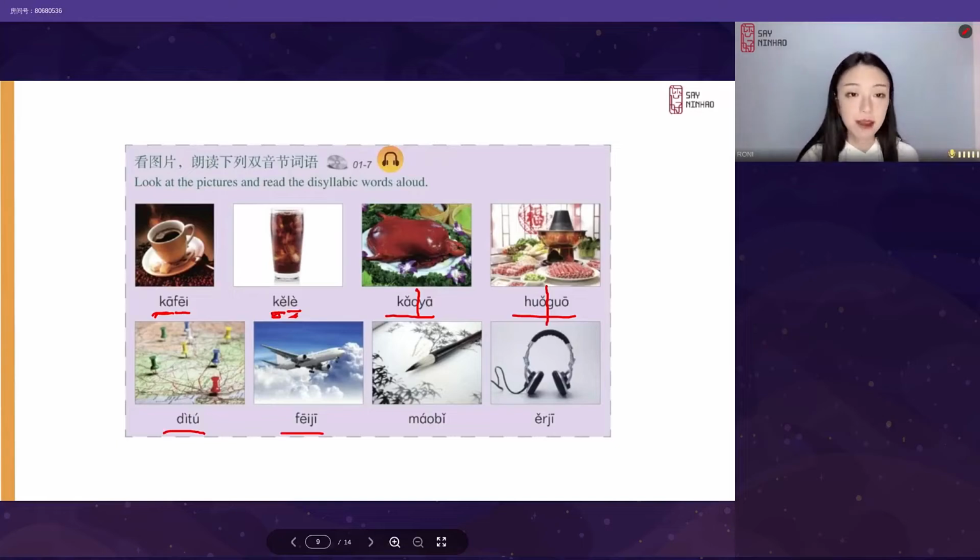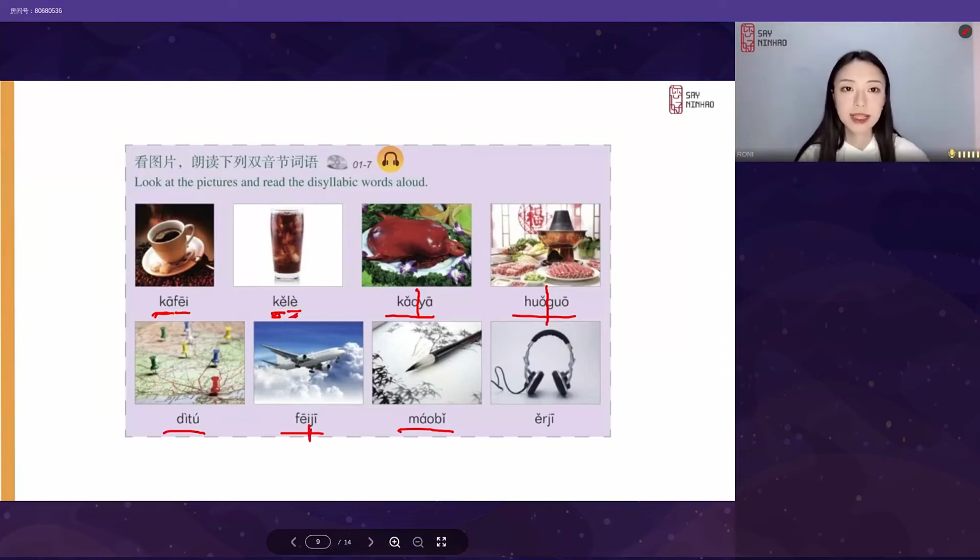Next one. 飞机, fei, ji. This is airplane. Read after me, please. 飞机, 飞机. Next one. 毛笔.